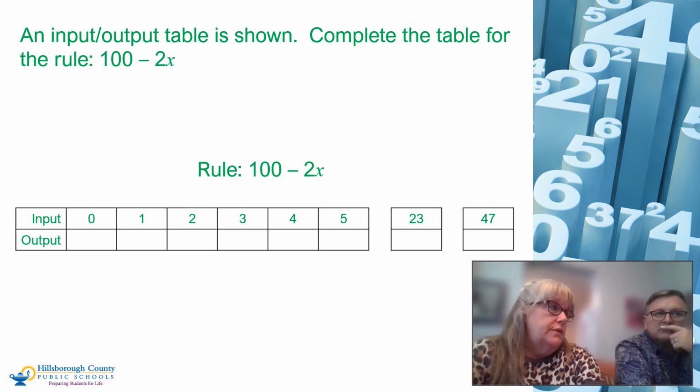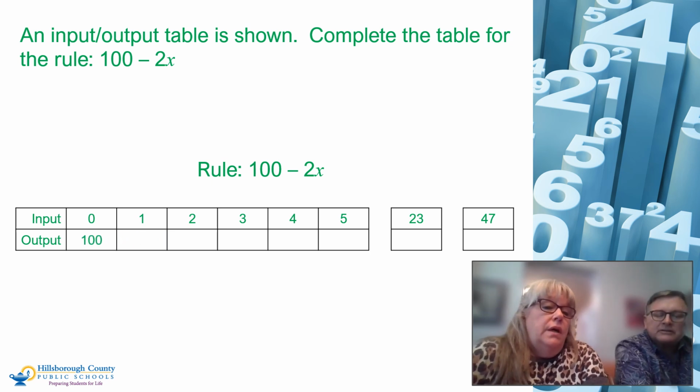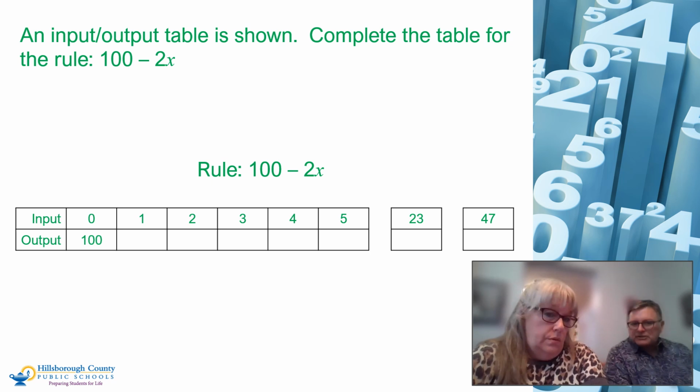Subtract 0 from 100, and I get 100. If I put 1 in place of the x, then I'm multiplying 2 times 1. I get 2. I'm substituting, which is algebraic reasoning language. So I am then subtracting that 2 from 100 to get 98.